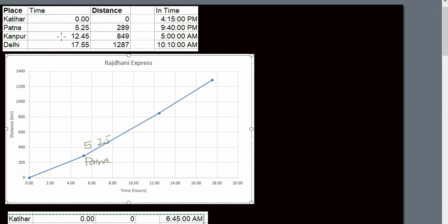And then the second point is Kanpur, and that it reaches over here at 12.45 hours. And this is Kanpur, and this is Delhi, and it reaches in 17.55 hours.